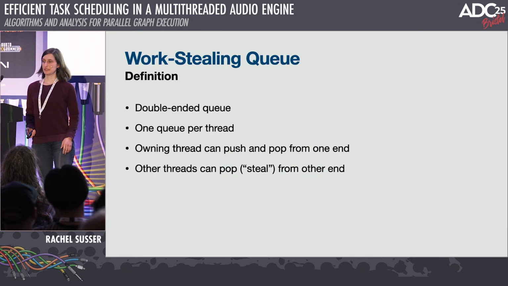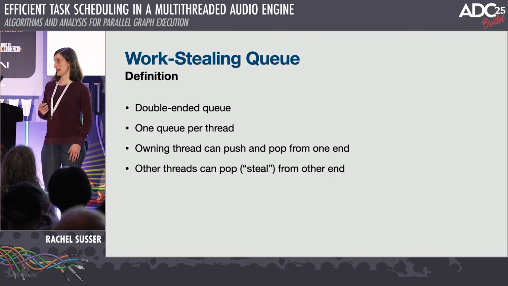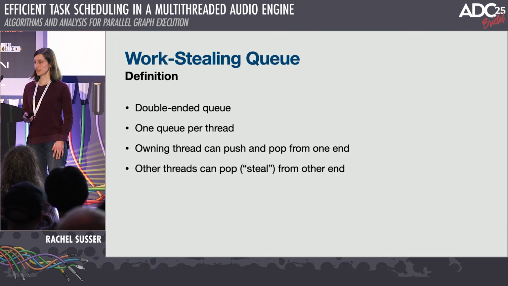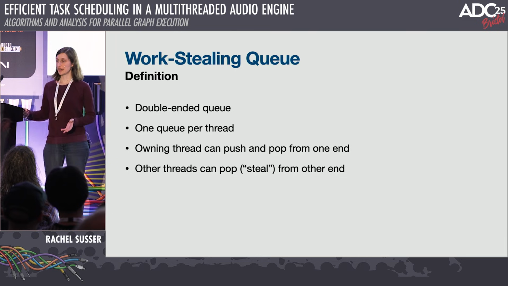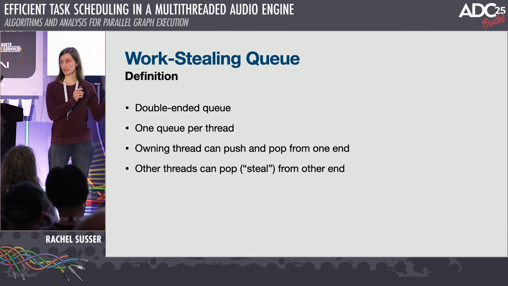So what is a work-stealing queue? It's a double-ended queue where each thread actually has its own queue, instead of there being a single shared queue. The thread that owns a queue can push and pop from one end of the queue, and other threads can steal from the other end of the queue.